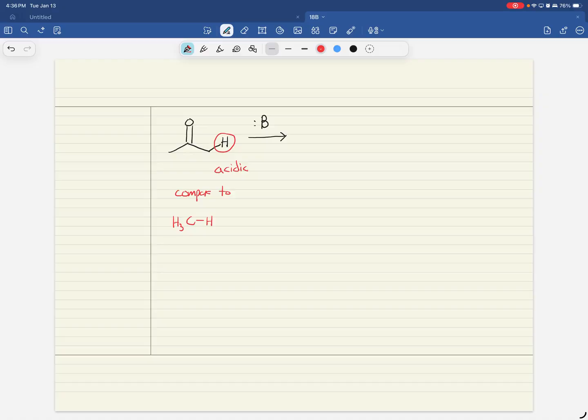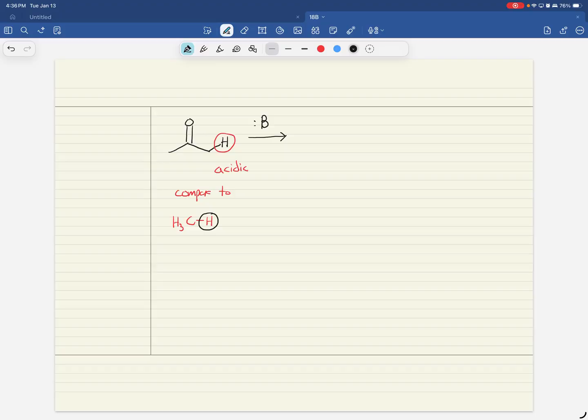What's the difference between these two hydrogens that I've circled here? They're actually both attached to carbon, right? But what is that carbon also attached to if we consider the first structure? Yeah, a carbonyl carbon. Well, we know oxygen is very happy to accept electrons, so it can actually make something more acidic.